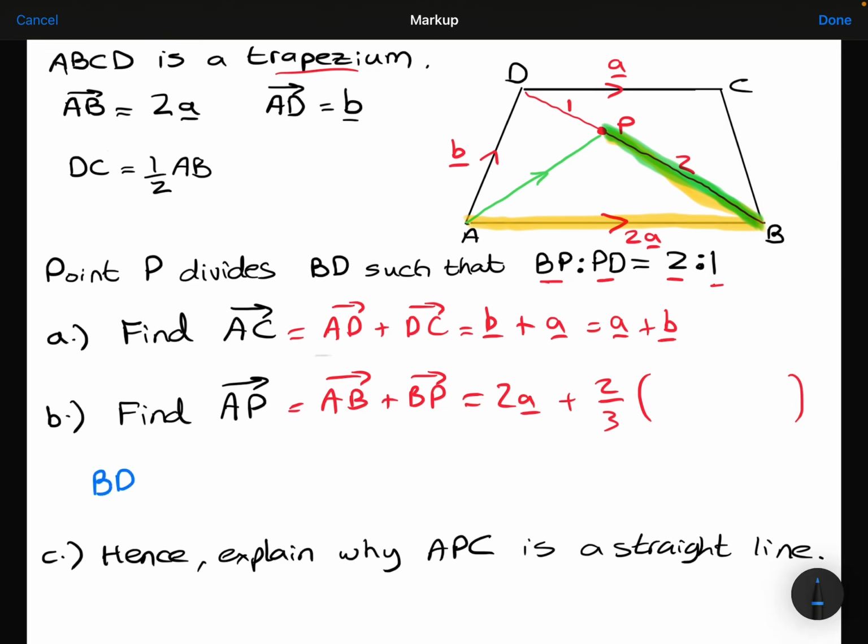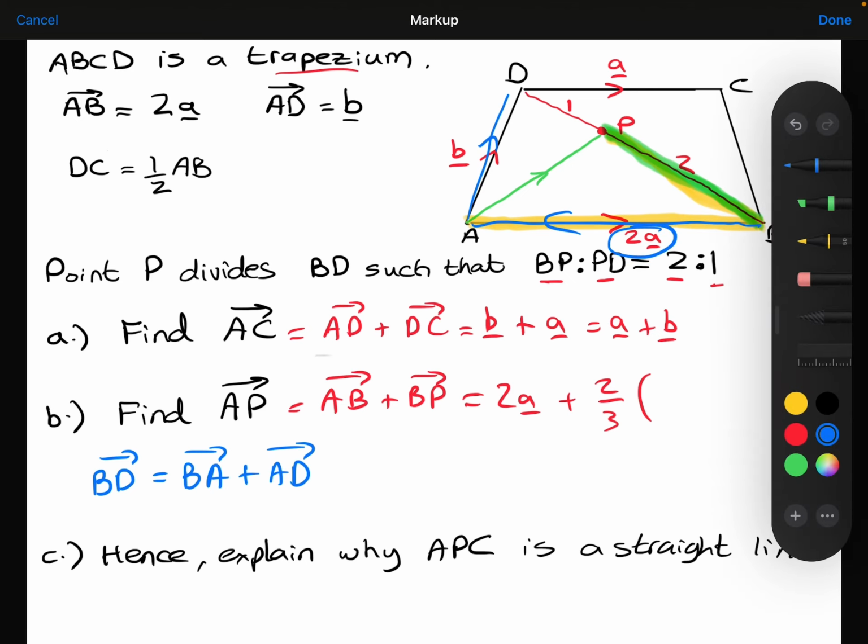So let's just do a bit of rough working out here. BD, what is that? Well, the vector B to D is going to be the same as B to A plus A to D. B to A plus A to D. So the B to A is going to be minus 2a because it's in the opposite direction here. So minus 2a.